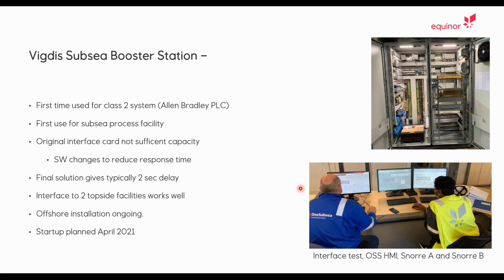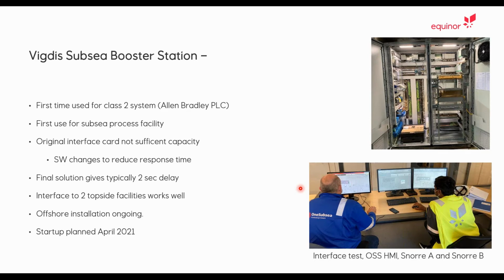But okay, for Victus Boosting, that was the most practical way forward. And again, it was the first time we used MDIS for a subsea processing facility. It was probably not originally intended for this type of application, but because of the scalability, we just felt that this was a possibility.